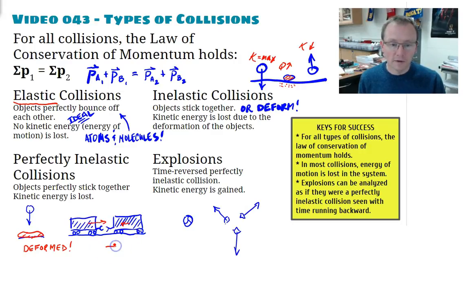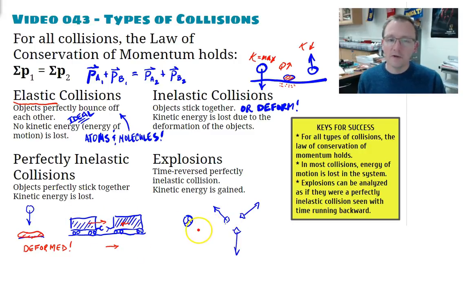Their momentum is going to look something like that, because this mass times this velocity is much greater than this mass times that velocity, assuming the masses are the same. And so the momentum ends up in that direction when it's all one object.